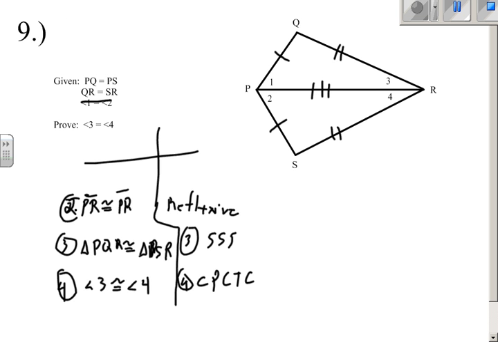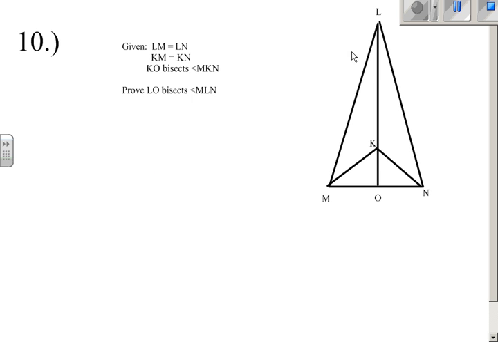Okay. And number 10. Number 10, we have LM equals LN, KM equals KN, and KO bisects angle MKN. I'm going to get rid of this one here because that's the easiest way to do this proof, because then you're given this is congruent to this, and KM is congruent to KN, and then if you look, they both have LK. So then I know that LO will bisect this angle because I can show that these two angles, angle 1 and 2, are congruent.